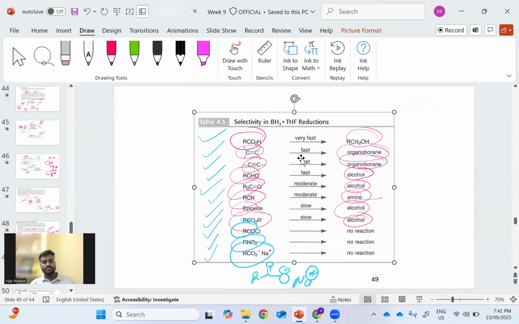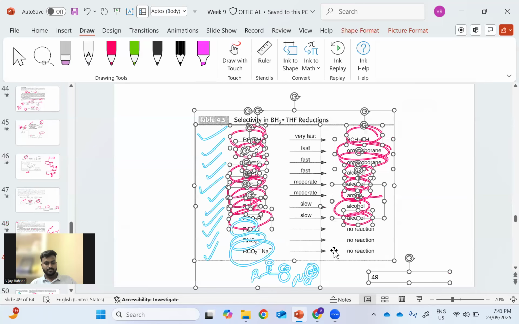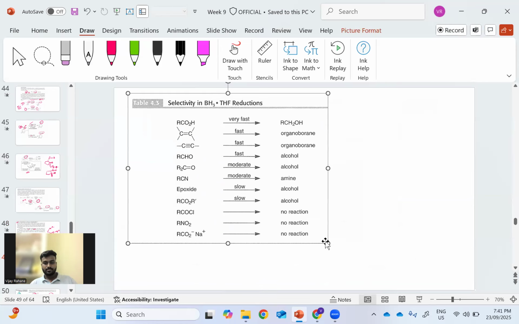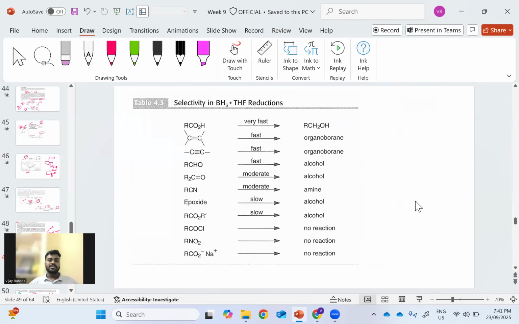And if you look at the selectivity of this BH3 THF, it reacts with the acid very fast and gets converted into the alcohol as a product. And if you add BH3 THF with the double bond, that's the alkene, it gives the organoborane as an intermediate. Similar case with the carbon triple bond.